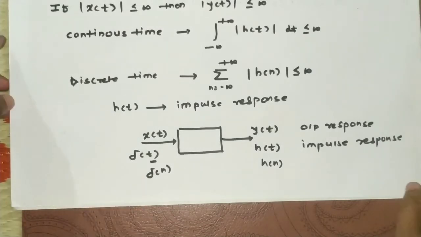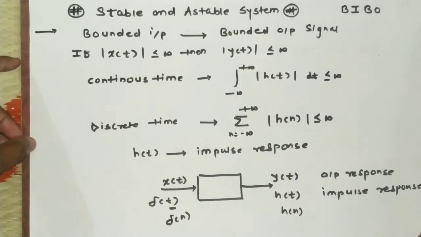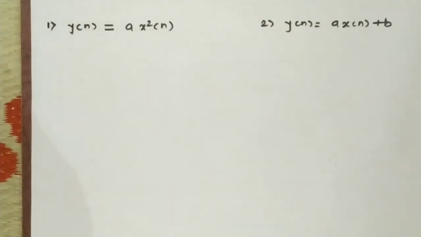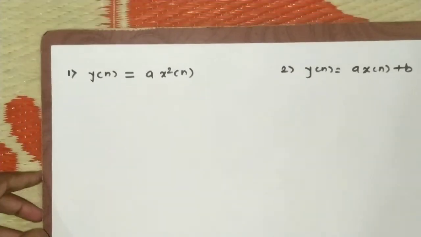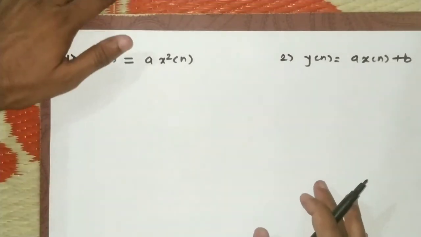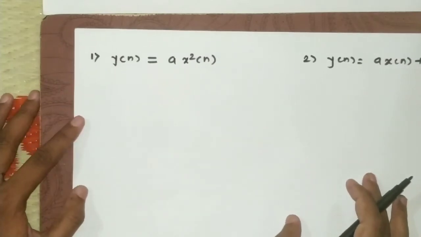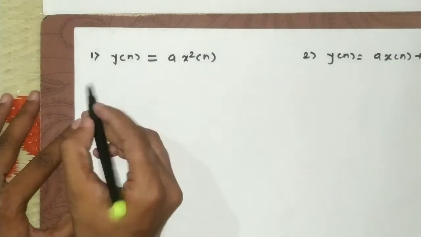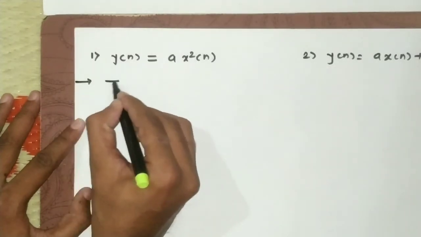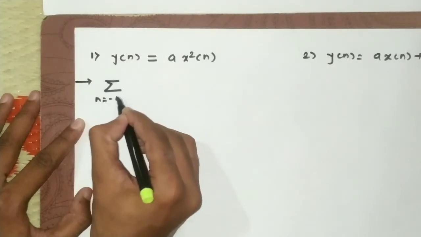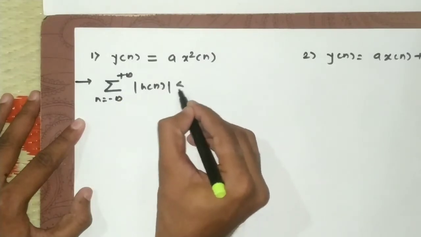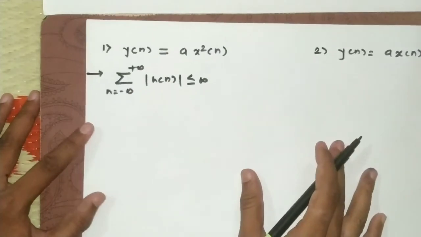Now based on this condition, let us look at a few examples of checking whether the given systems are stable or unstable. Here we have the first example, y of n is equal to a x squared of n. In order to check whether the given system is stable or unstable, we have the condition summation of mod h of n should be less than infinity.